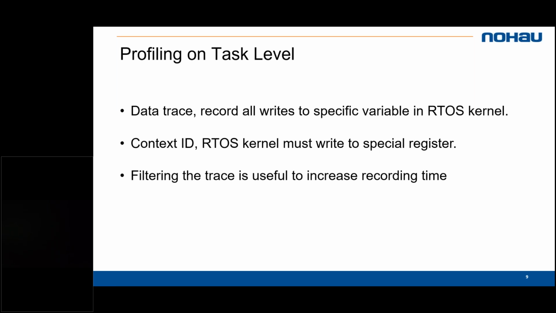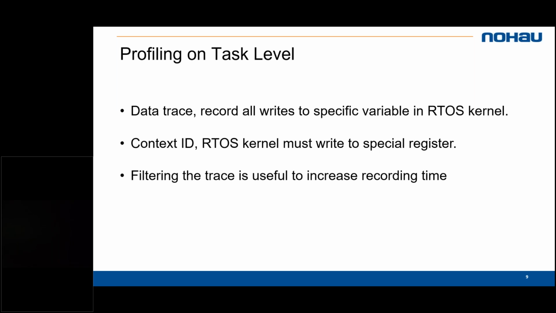But to do this, the RTOS must be instrumented in a very limited way, so that every time there is a task switch, the RTOS writes to a specific register in the CPU. But it's normally a very, very small instrumentation. Actually, in the case I have here, it's only 4 instructions needed to write the task information when there is a task switch. I'm going to show you this later on.